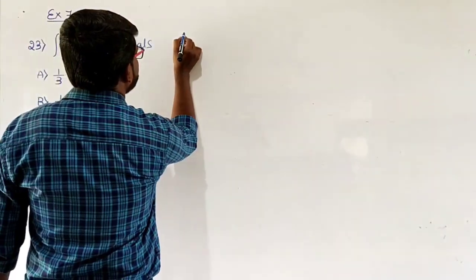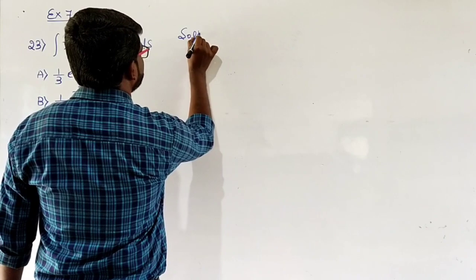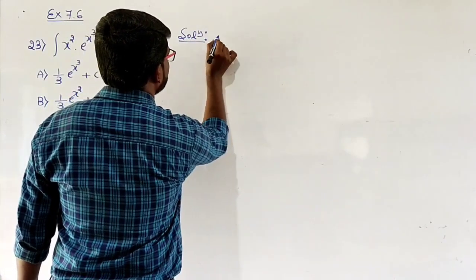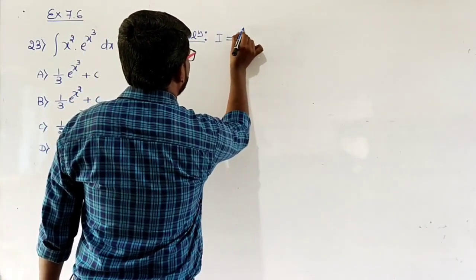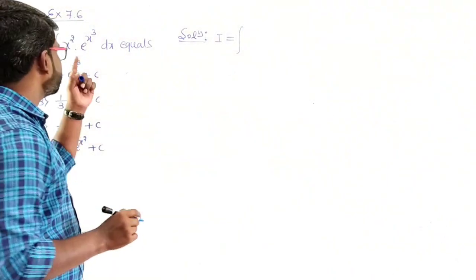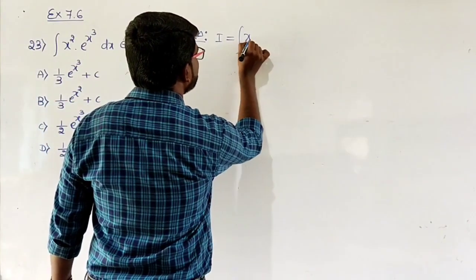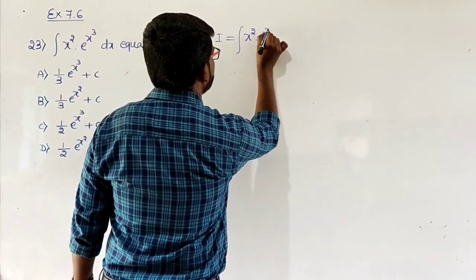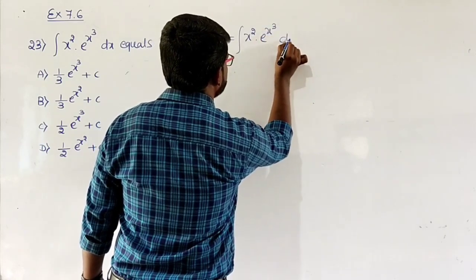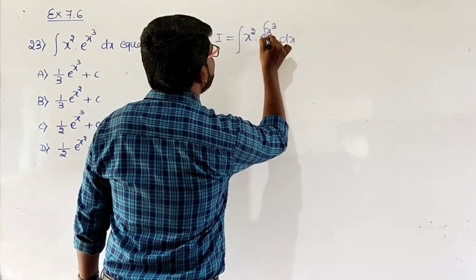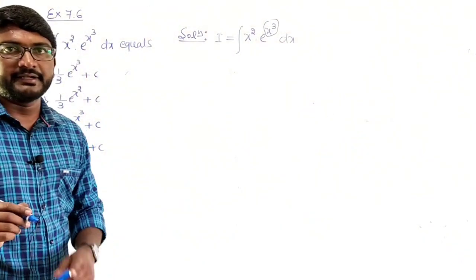So I will be taking this as I. So I, which is equals to integral x square into e power x cube dx. Now I take x cube as t.